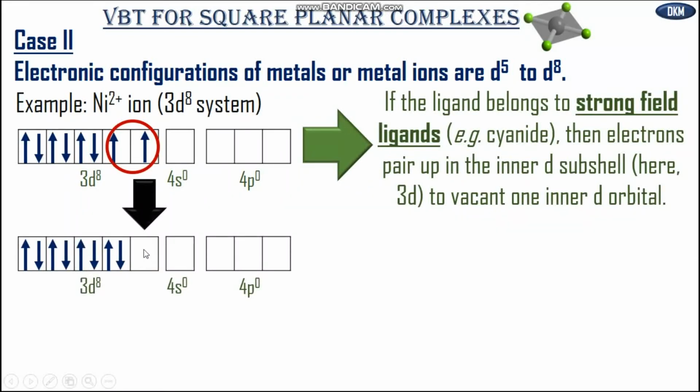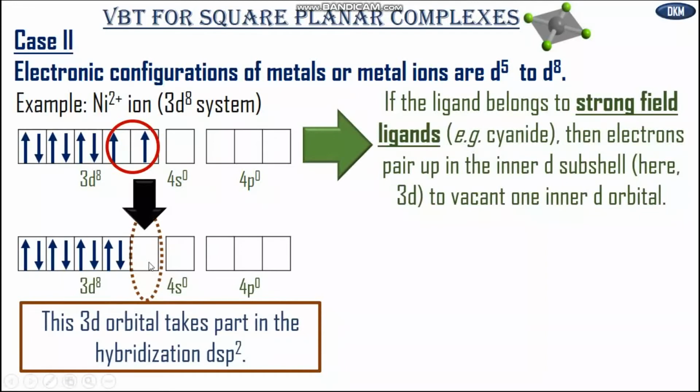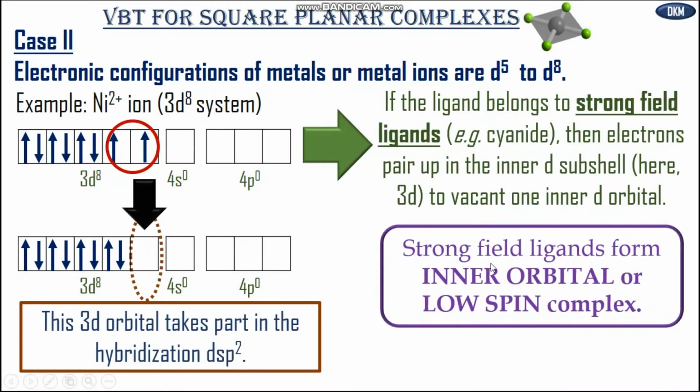Look here. Here, this inner d orbital is vacant and it takes part in hybridization along with 4s and two 4p orbitals. Hence, the hybridization is dsp2. So, we can conclude that strong field ligands form inner orbital or low spin complex.